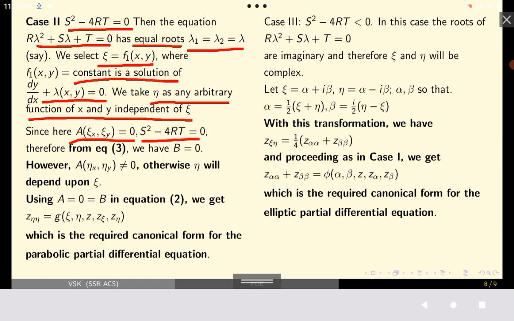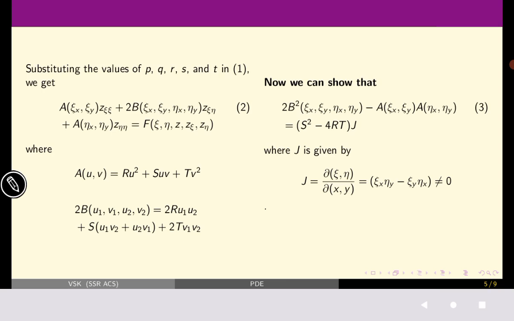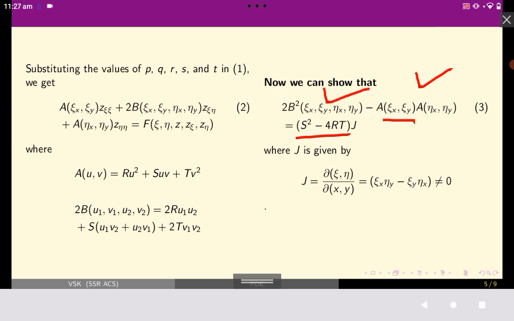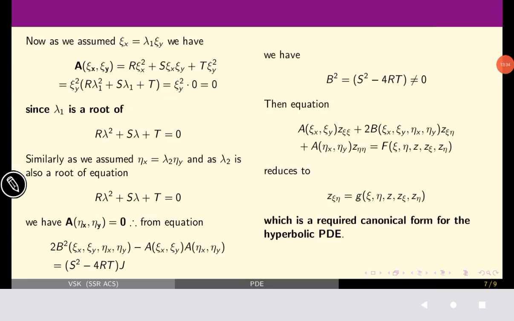So from equation 3, which is our equation number 3, this is 0 and this also is 0. So we get ultimately that alpha is equal to 0, because this side is 0, this is 0, and this is also 0, that we can show very easily.